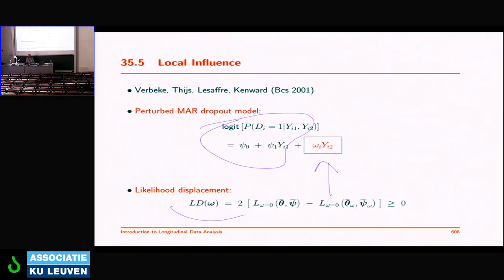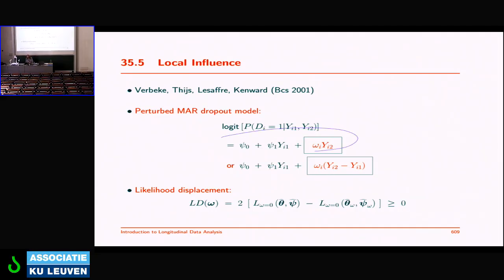Likelihood displacement, what is that? Well, it's the likelihood under standard conditions, where the omegas are all 0, compared with the likelihood where you basically see what happens if you move away from 0, starting from infinitesimal values. Now, of course, I can do that in my initial model, but you may remember that I recoded the model into a main effect and an incremental effect.